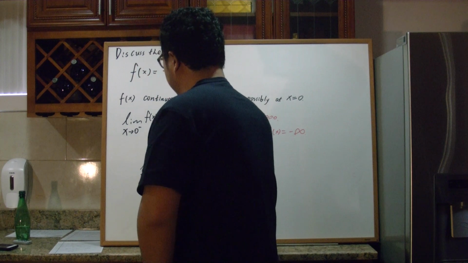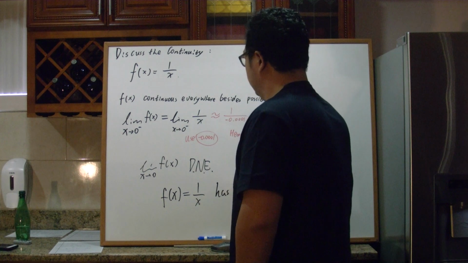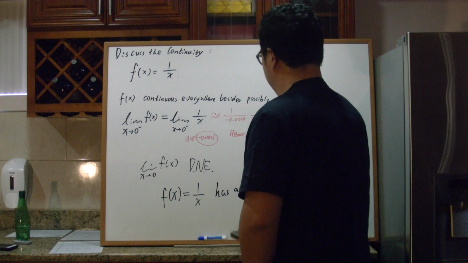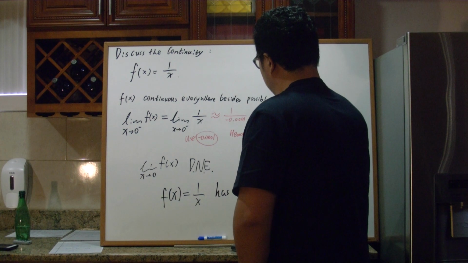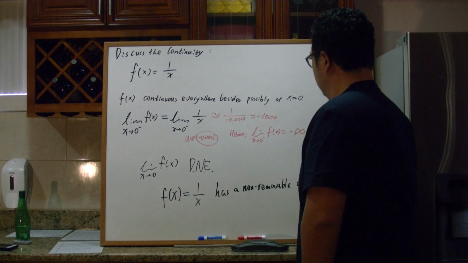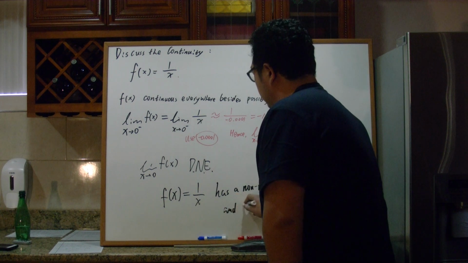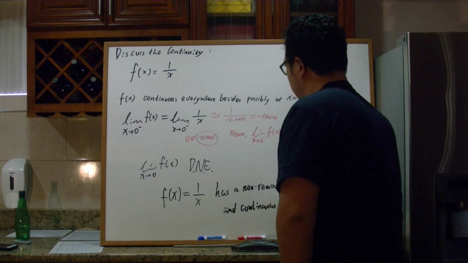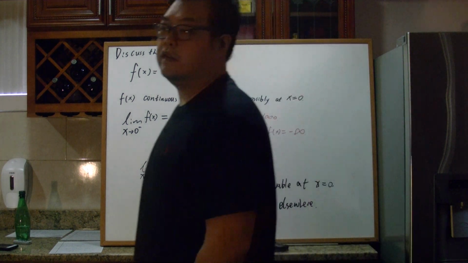Therefore, f of x equals 1 over x has a non-removable discontinuity at x equals 0. And continuous elsewhere.